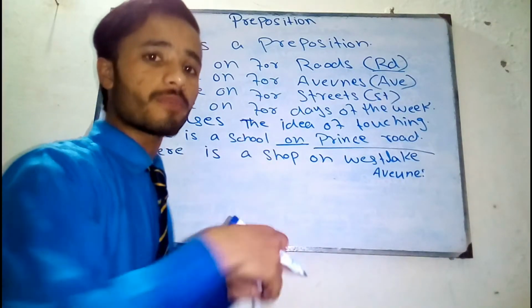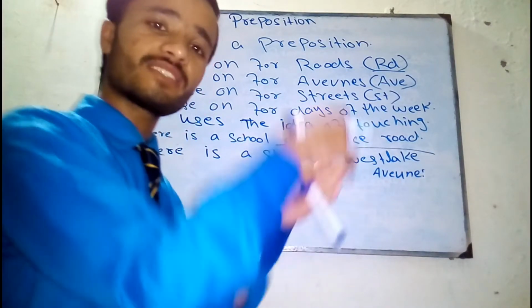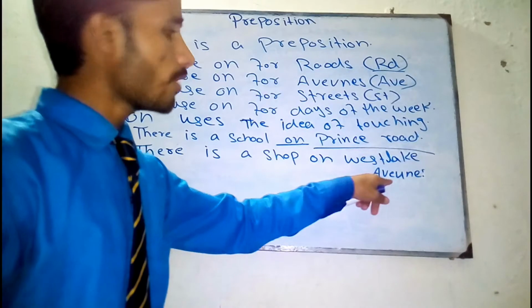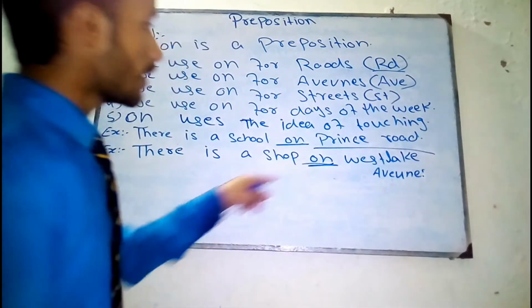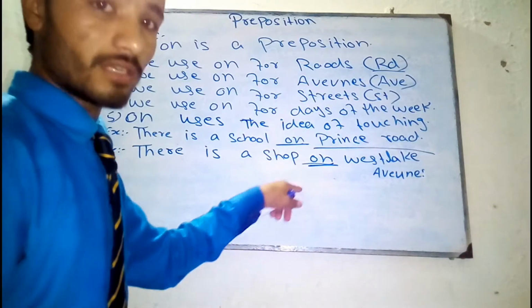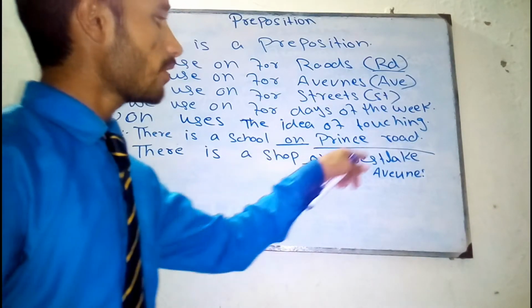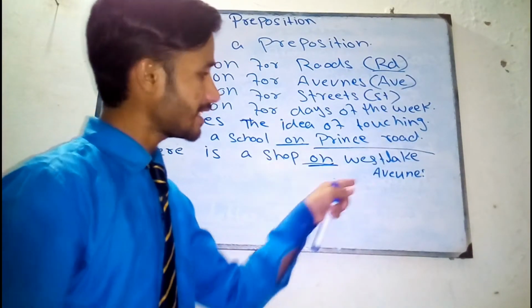Whenever we are talking about something that is located near an avenue, then we use "on". Whenever we are talking about avenues, we use "on". There is a shop on Westlake Avenue. Is this clear?